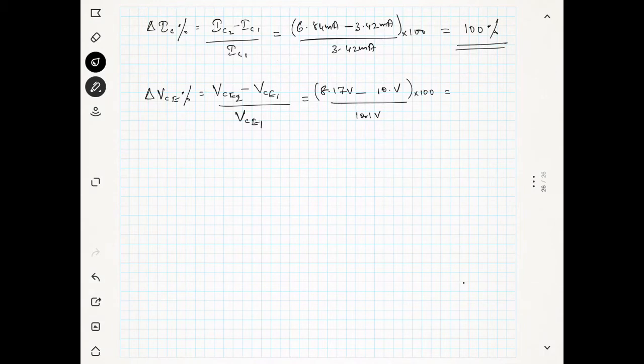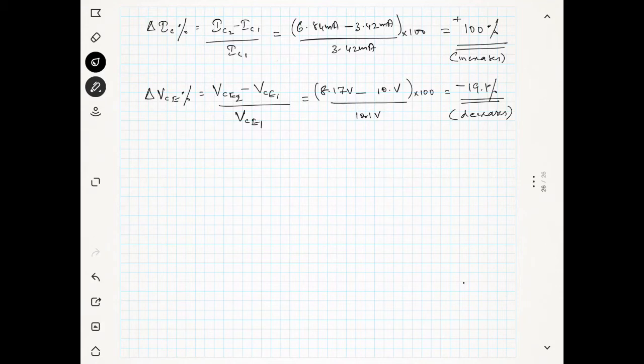You can get it as minus 19.1%. So you can see this is 100%, which is positive. That means IC increases and VCE decreases. So you can see there is a drastic, significant change in IC and VCE.